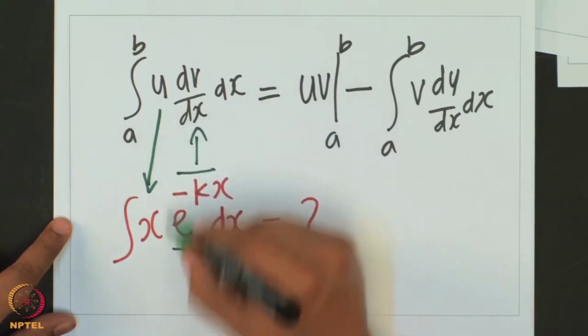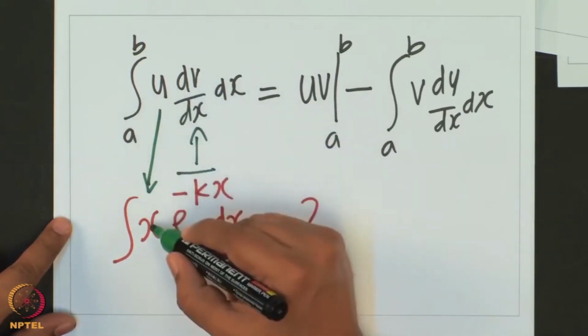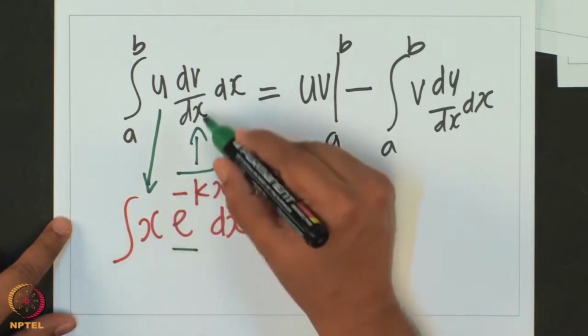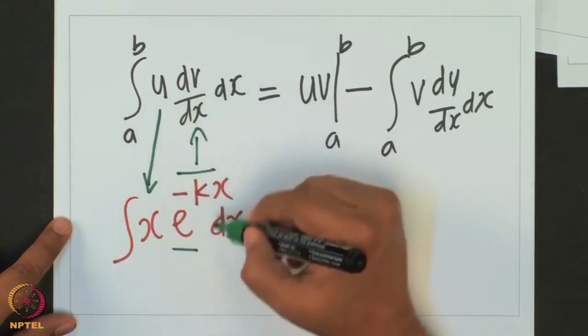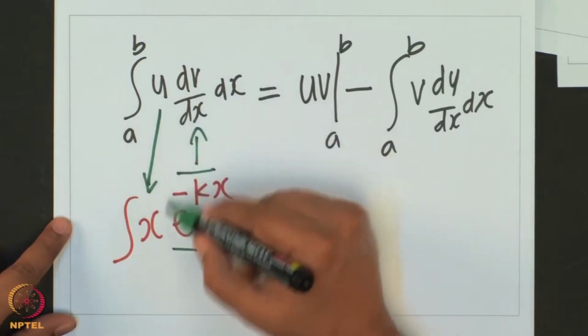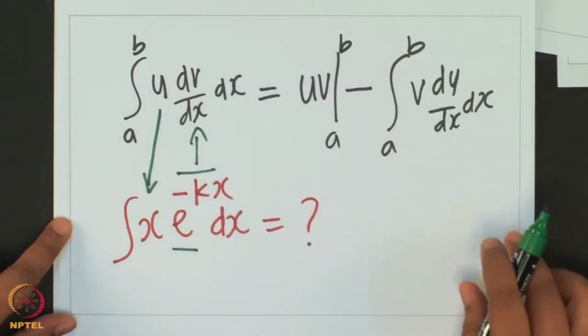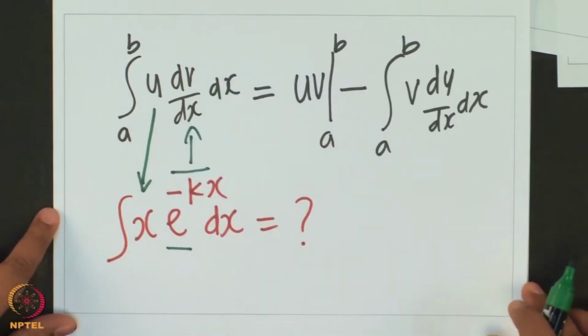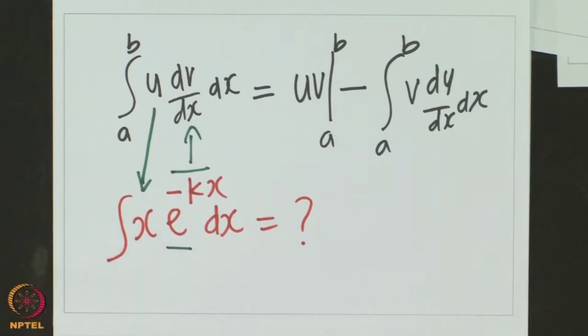So by taking u as x and dv by dx as e power minus kx, we can do this integral using this formula. So let us see how we do this and what is the answer that we would get.